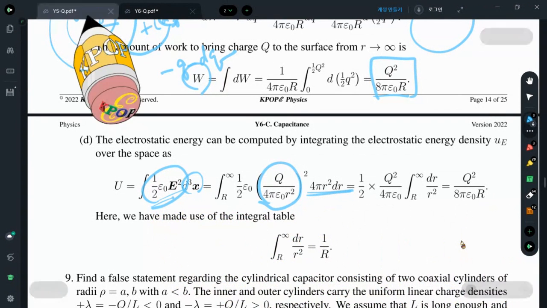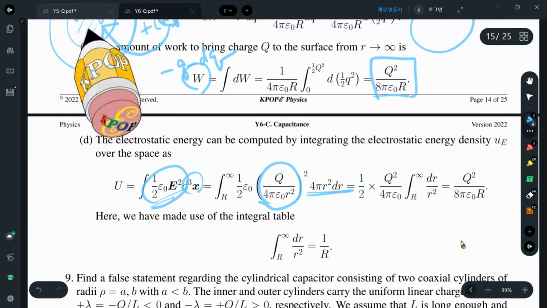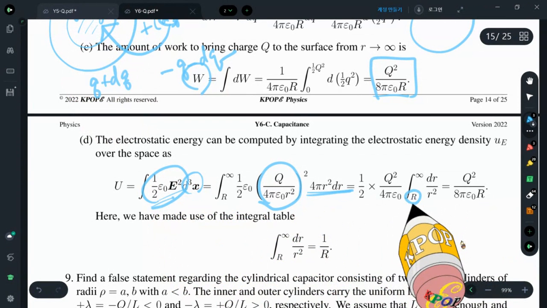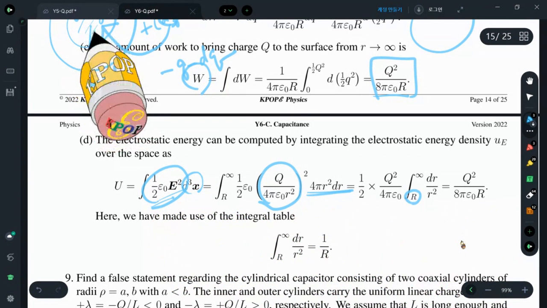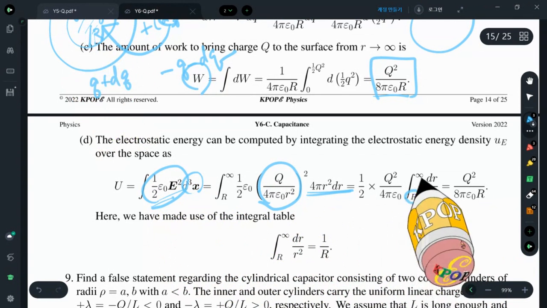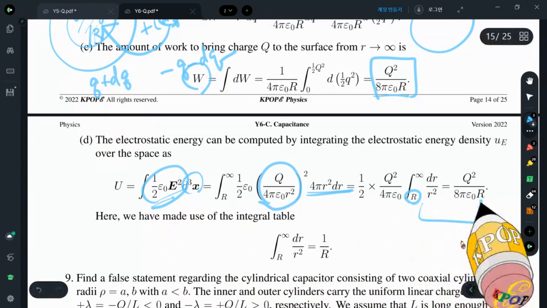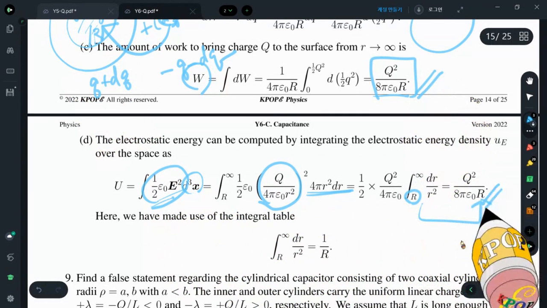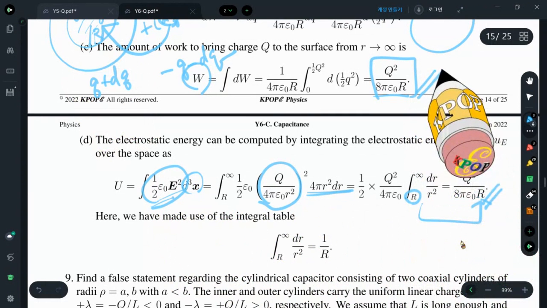As you know, inside the inner radius there is no electric field, so the integral is from the inner radius to infinity. It is trivial to find 1 over r. You find these two values are identical to each other.